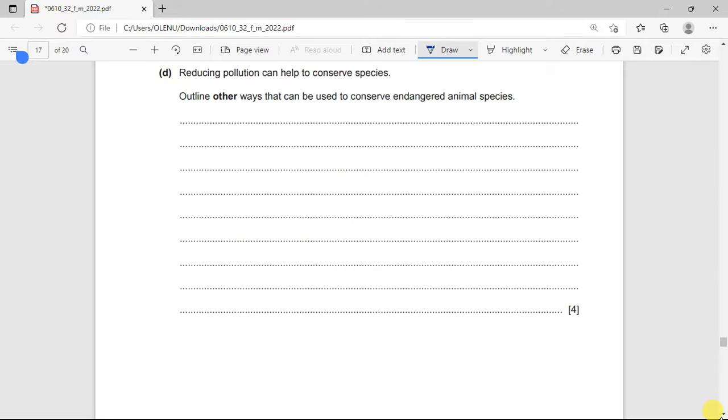Now, reducing pollution can help to conserve species. Yeah. So outline other ways that can be used to conserve endangered species. First, you can do what is known as captive breeding. So captive breeding, you can have conservation parks. You can have a proper monitoring system.